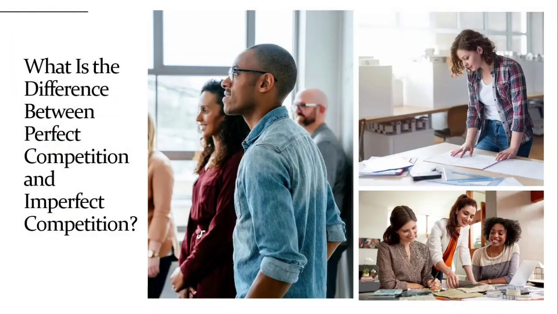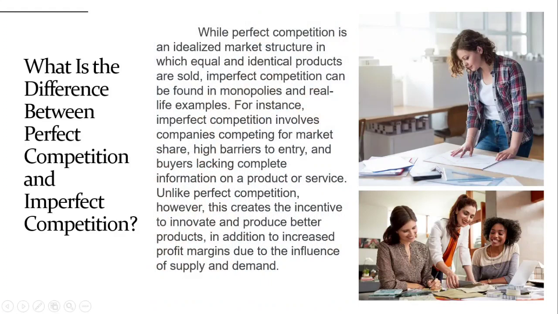Of course, when there is perfect, there is also the opposite term, imperfect competition. So what is imperfect competition? While perfect competition is an idealized market structure in which equal and identical products are sold, imperfect competition can be found in monopolies and real-life examples.